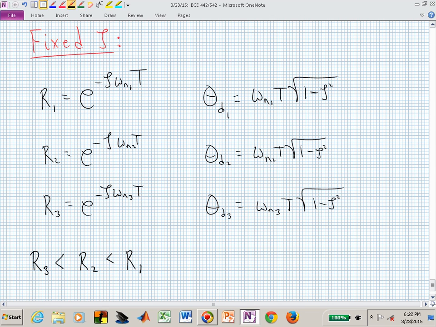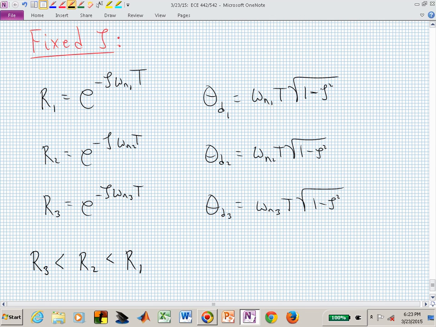And for each of those R's, what happens to our thetas? T square root of 1 minus zeta squared, that's fixed for all of those. And now we're just making omega sub n bigger. So those are getting bigger also, aren't they? Well, I'm sorry. That's not consistent.